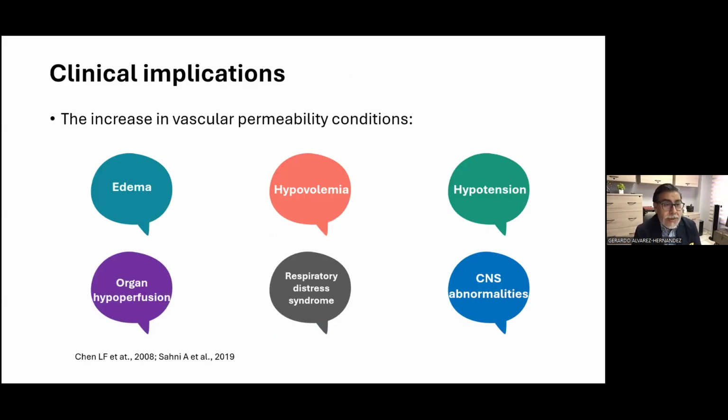The increase in vascular permeability provokes severe manifestations such as edema, low blood pressure, hypovolemia, organ hypoperfusion, respiratory distress, and central nervous system abnormalities.